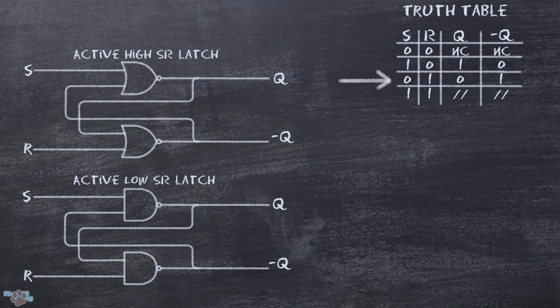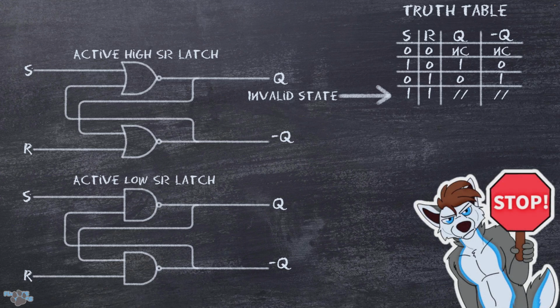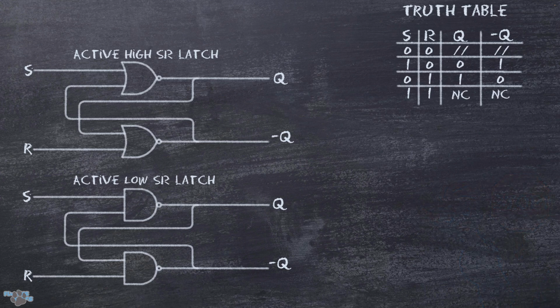When we activate the reset position, it resets the bit in the Q position back to a 0, and sets the inverse 1 in the negative Q position. Lastly, we have an invalid state, which is when both set and reset positions are activated. This should never happen.